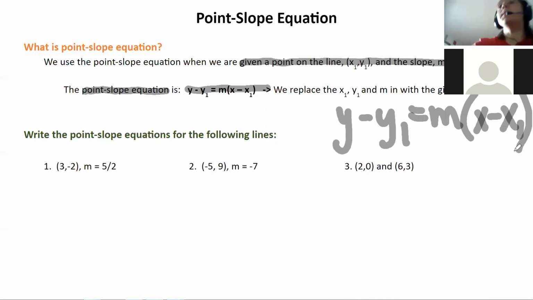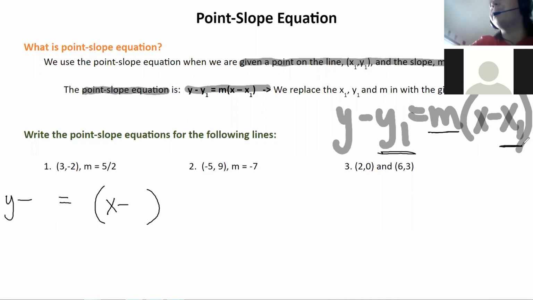What's going to stay the same every time, that we don't have to put any values in for, is the y, the equal sign, the minus, the parentheses, the x. That's what's going to stay the same all the time. You guys have to put in the y1, the m, and the x1. That's what your job is.